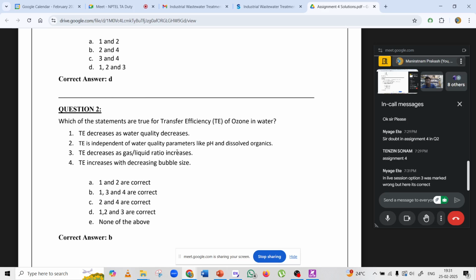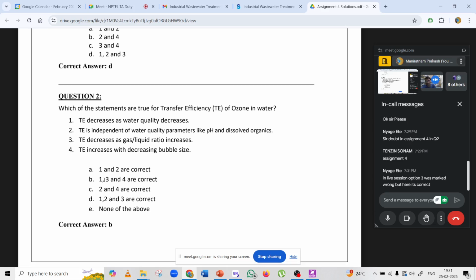According to the PDF, sir, it was given that T increases as water quality decreases. In the live session, option 3 was marked, but the correct answer is B, that is 134. But option number one is incorrect, sir.